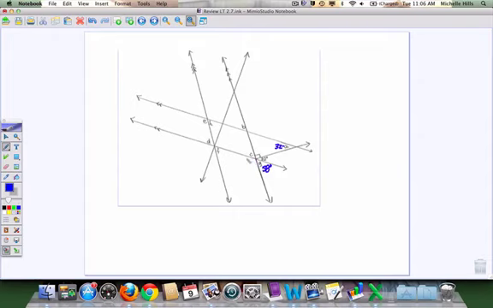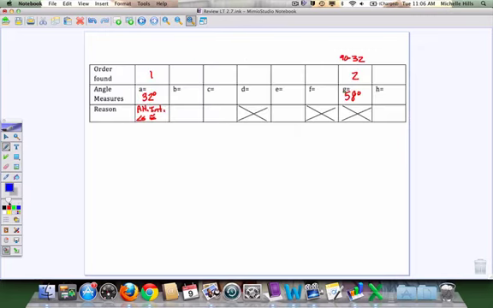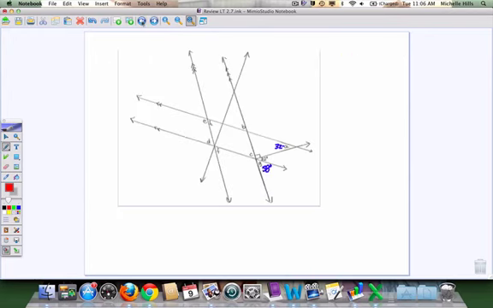The next thing that draws my attention is C, because these two lines intersect, and C and G are formed by those two lines, and they are not adjacent angles. So they're actually a vertical pair. That means C has to also measure 58 degrees. I found that third, and vertical angles are congruent. One thing I forgot to do, I'm going to go back to the directions.